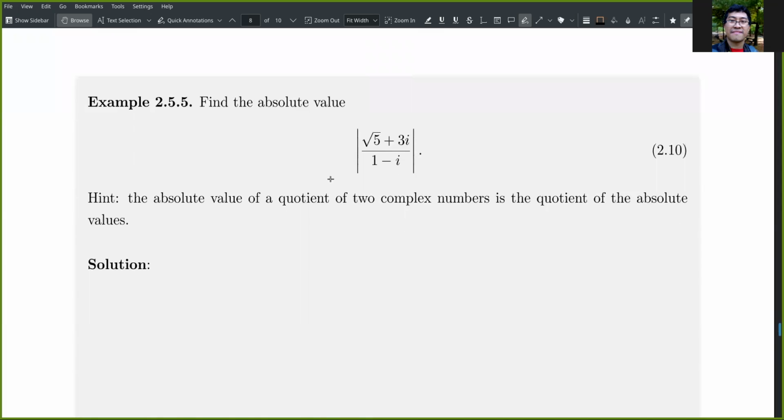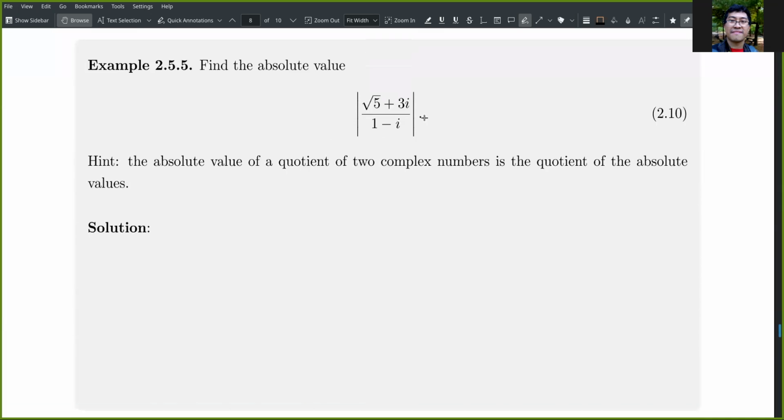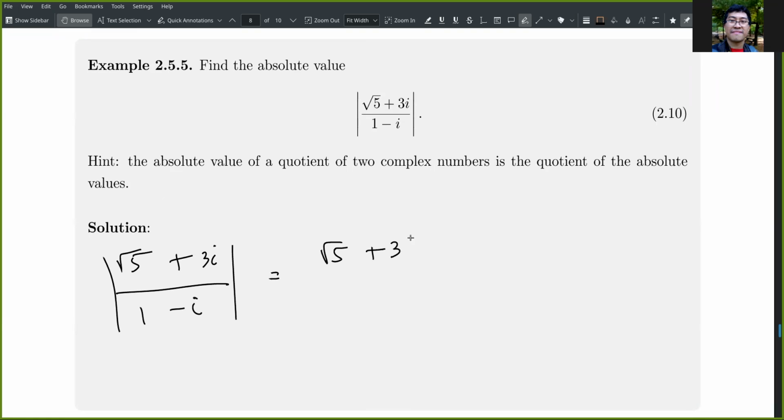Okay, an example. Find the absolute value of (square root of 5 plus 3i) divided by (1 minus i). There's a hint: the absolute value of a quotient of two complex numbers is the quotient of the absolute values. So here we have the absolute value of square root of 5 plus 3i divided by the absolute value of 1 minus i.